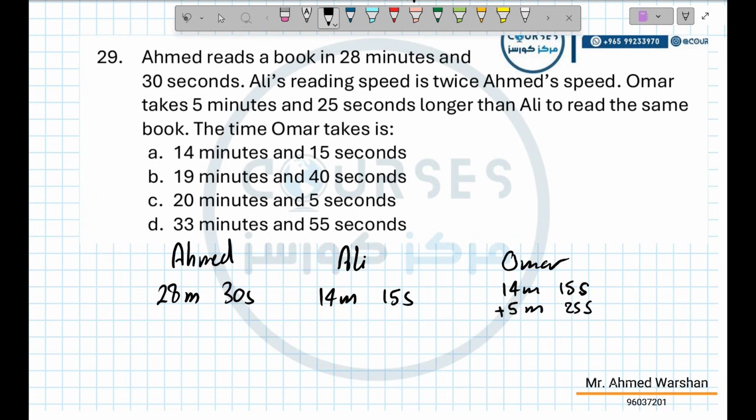So that's 14 plus 5, that's 19 minutes. 15 plus 25, that's 40 seconds. Be careful while you're adding the seconds. If your seconds exceed 60, then you should take each 60 seconds and add them to the minutes, just in case. Anyway, the time Omar takes is 19 minutes and 40 seconds, which is B.